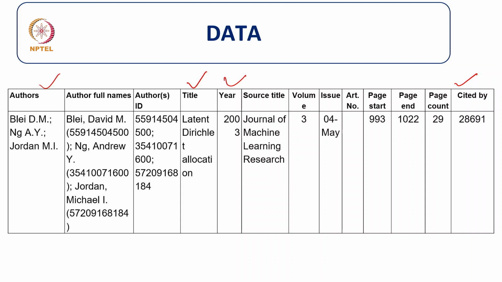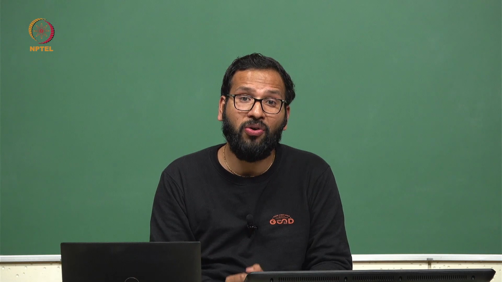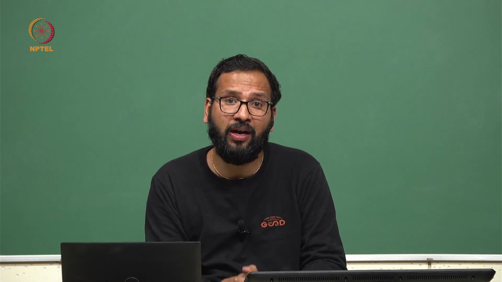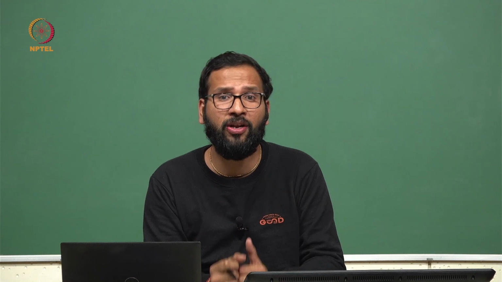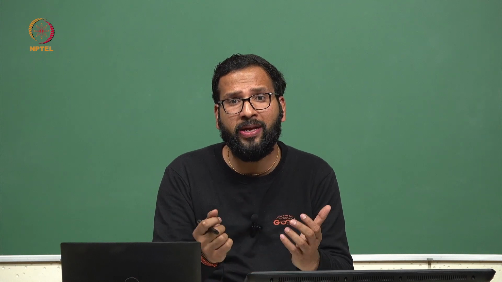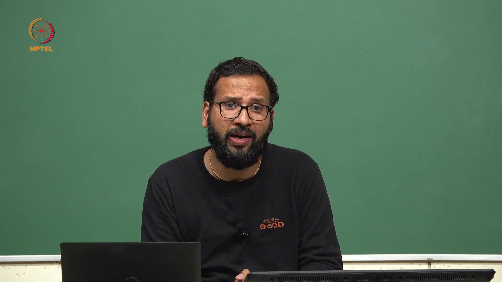So this helps in understanding the key themes or the areas discussed in those publications. Okay. So the text mining analysis on this title and abstract will help us in knowing the key themes or the topics related to that field or domain.